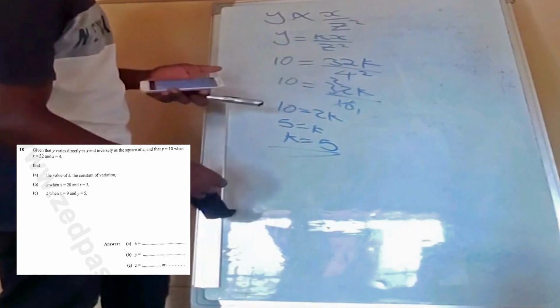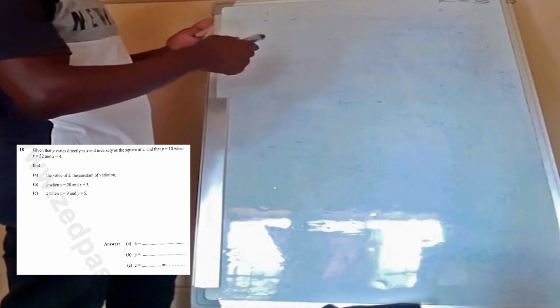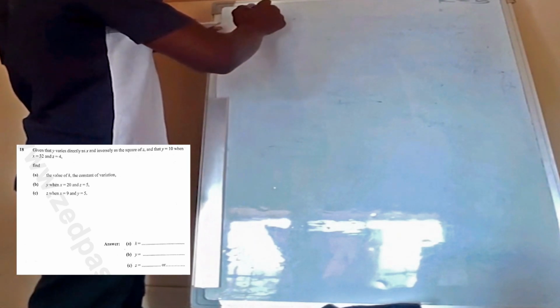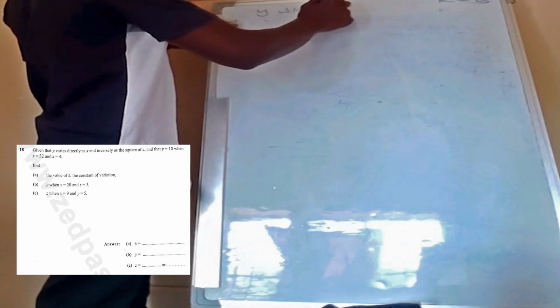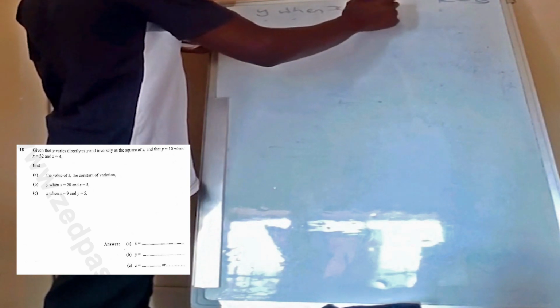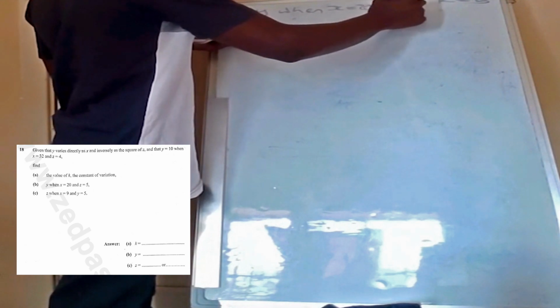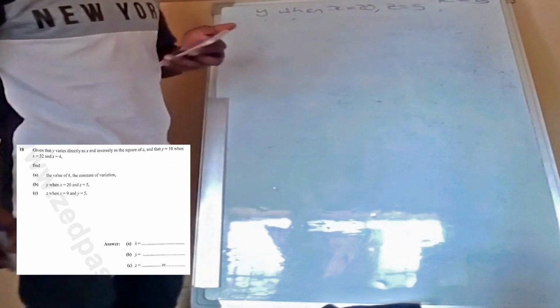And you get how many marks? 1 mark for that. So the second question is saying, find y when x equals 20 and z equals 5.